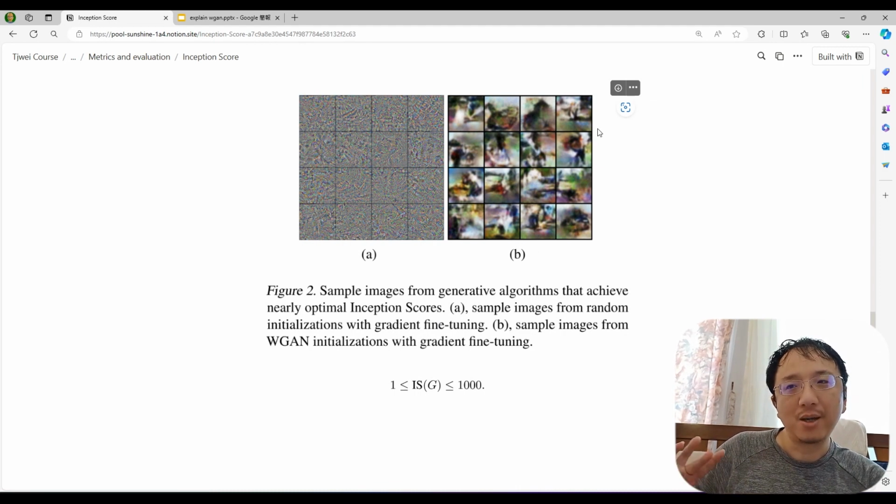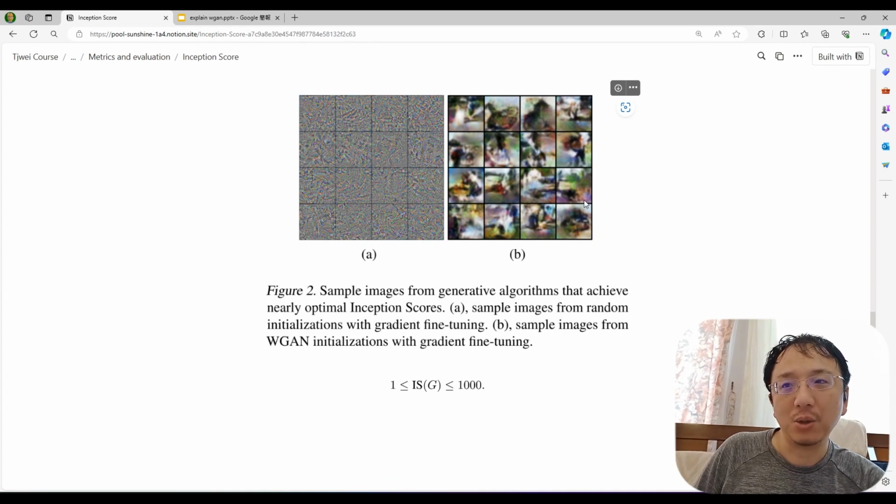One way to do that is we train a model first in a more normal way. Then we fine tune this model towards the inception score. The second one is doing exactly the same method. It first trains a model that can generate normally on CIFAR10, and then it fine tunes it towards the inception score.